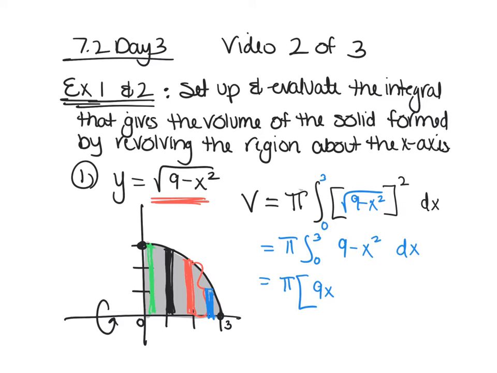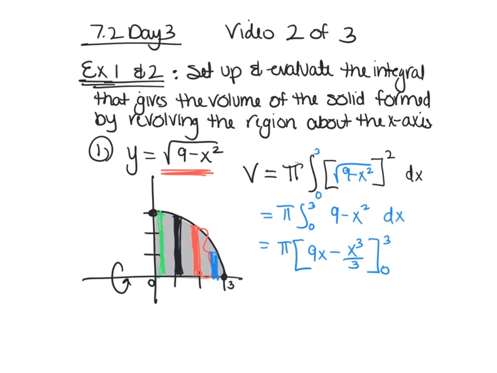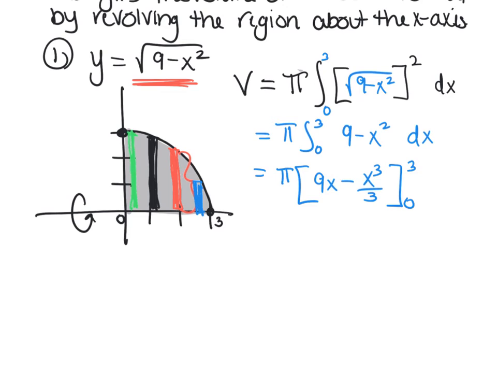So it'll become 9x divided by 1 minus x cubed divided by 3. And we're going to evaluate that from 0 to 3. And once we do that, it will give us the volume of the solid if we were to take this arc and rotate it around our x-axis. Okay, so at this point, you can plug it in. So we get 27 minus 9, which leaves us with 18 pi.